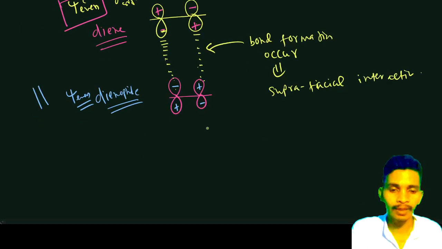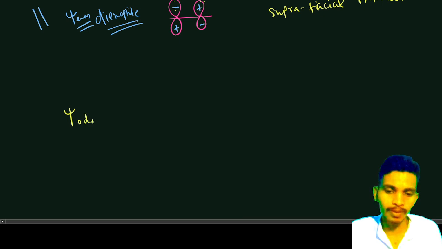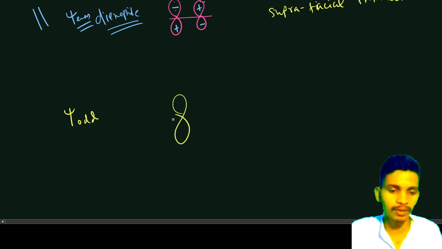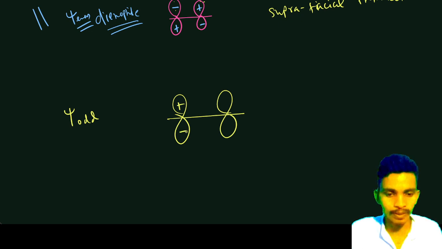And likewise, if it is psi odd, they have the same sign. So for that case, if this is positive and this is negative, then this also has to be positive and this also has to be negative.